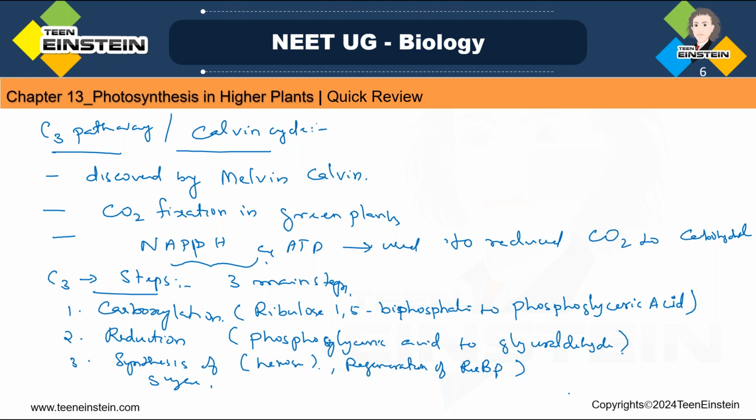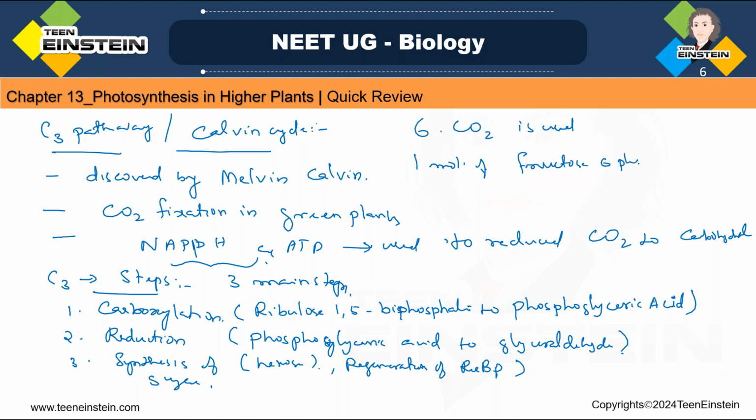the cycle. Okay, so in this cycle, 6 molecules of carbon dioxide are used, and 1 molecule of fructose 6-phosphate is produced.